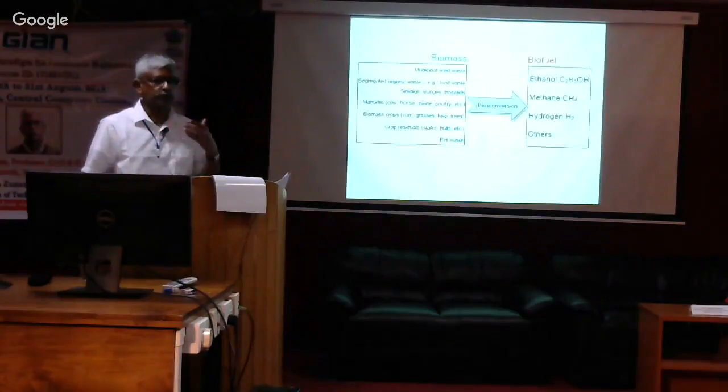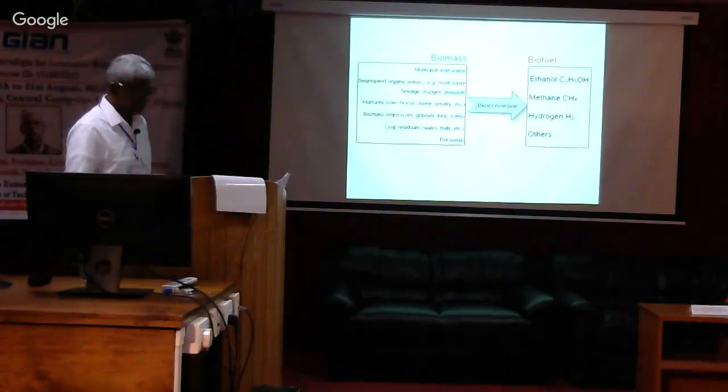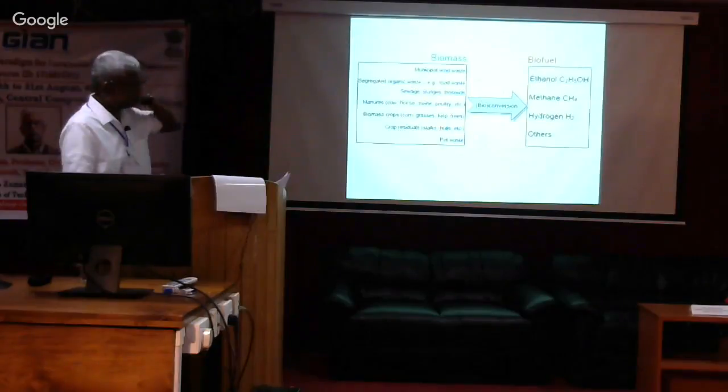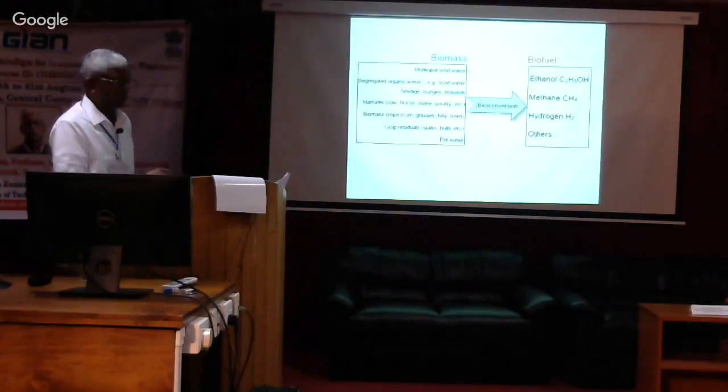And hydrogen happens to be a more usable fuel. We'll go through some of the reasons for that. Or you can go through the ethanol route. These are the most common ones. There are many other biofuels that you can get, biodiesel, for example, but we will not spend time on them.